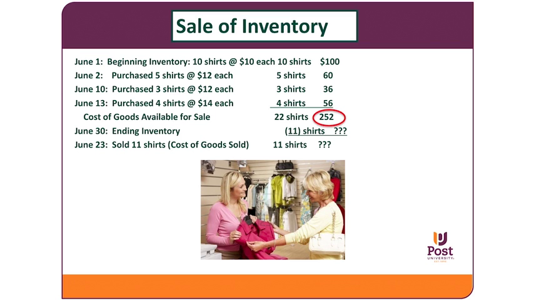The total of the cost of goods sold and the ending inventory must equal $252, regardless of how we allocate it. There are 3 common ways to value the ending inventory and cost of goods sold. On the next series of slides, I will go through all 3, one at a time.